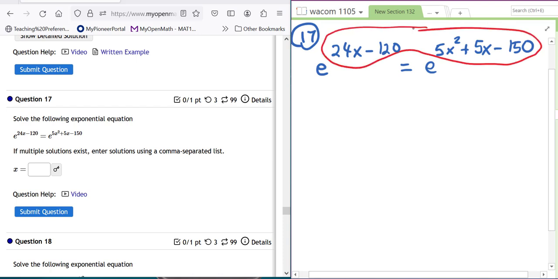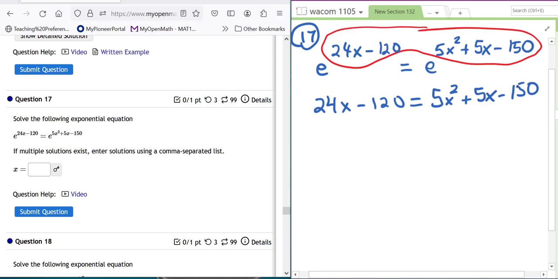So you actually don't have to do anything to the bases. You can set the exponents equal right here and forget about the bases. So you have 24x minus 120 equals 5x squared plus 5x minus 150.